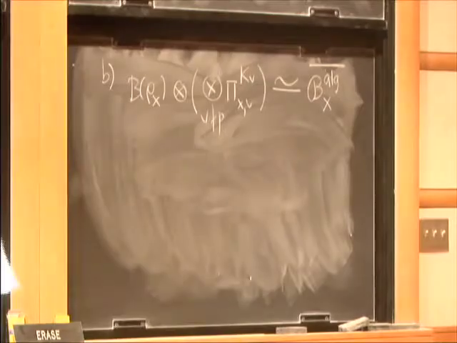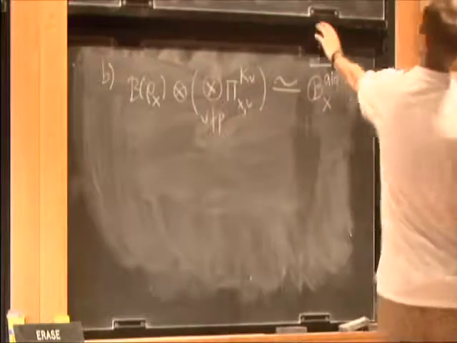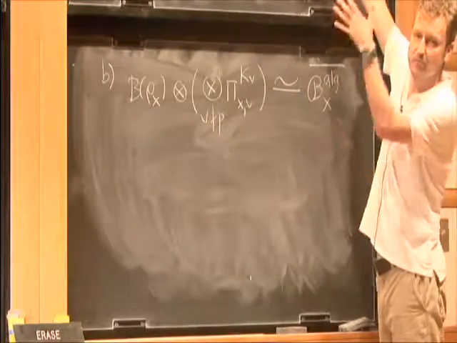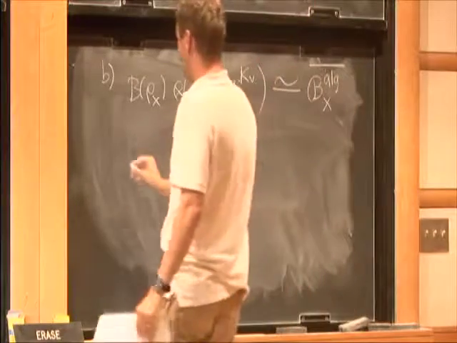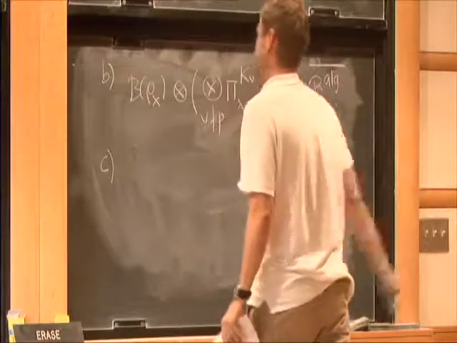And then, of course, the burning question is whether this depends only on the restriction to p. And that I don't know. But you can relate it, at least in the crystalline case.